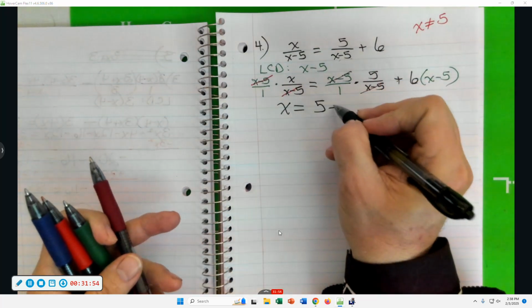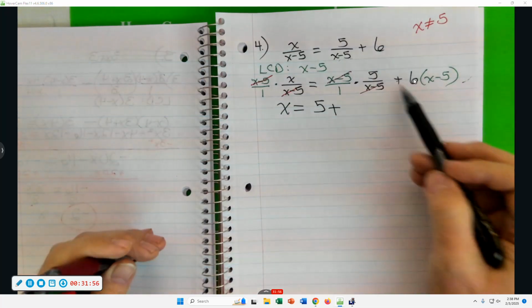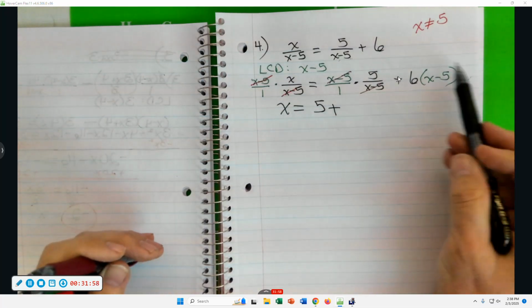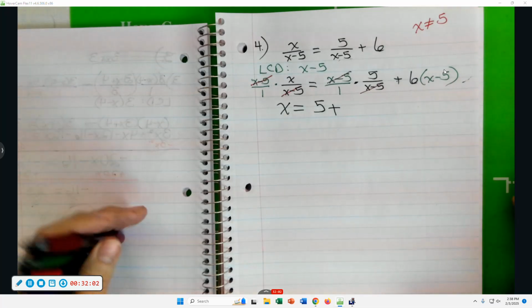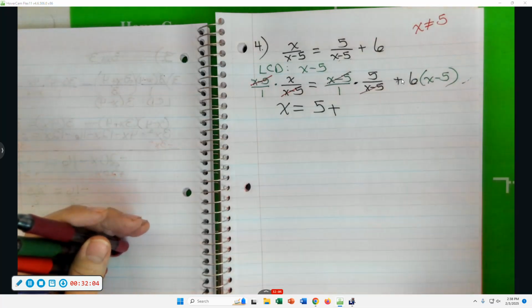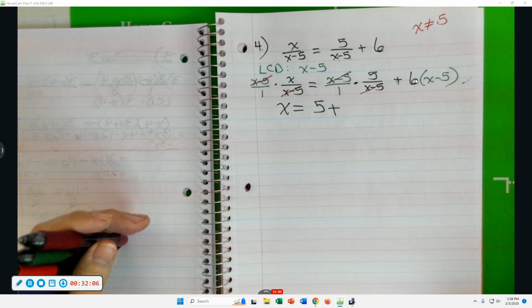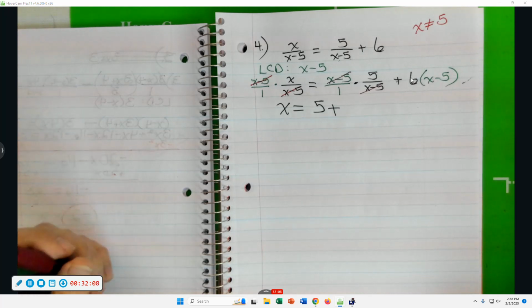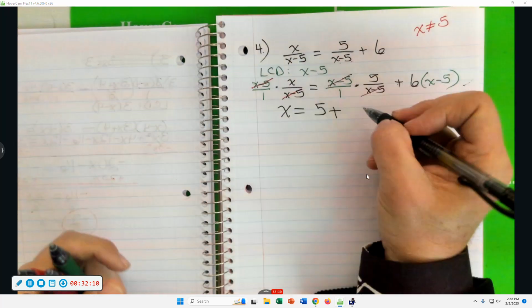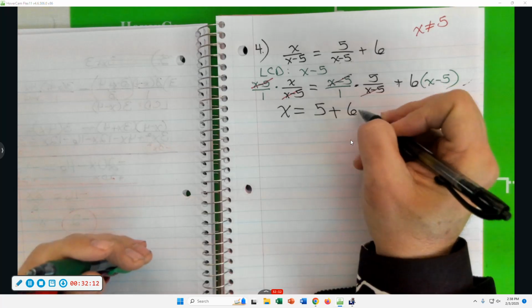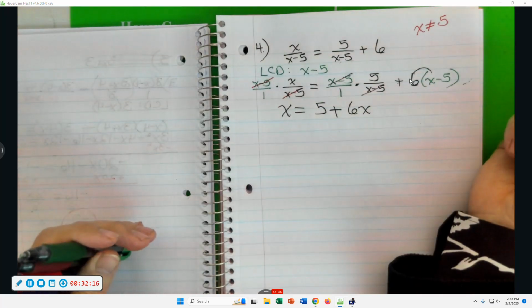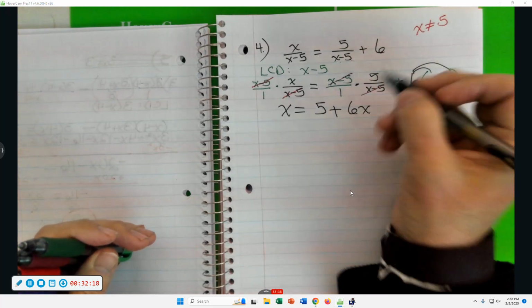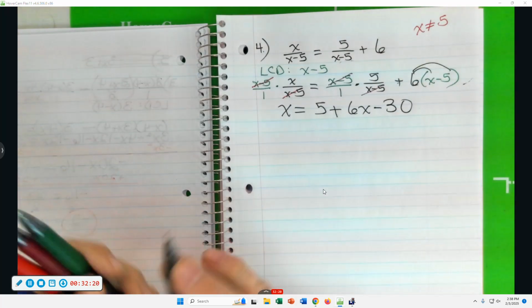Plus, what's going to cancel here? Is this a fraction? No, nothing's going to cancel, but we can remove the parentheses. What are we going to do to remove those parentheses? Distribute. Distribute to give us 6x, minus 30. I agree. Any questions there?